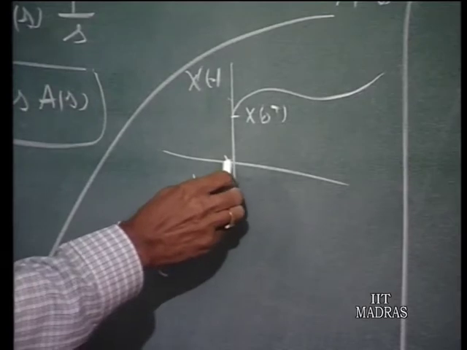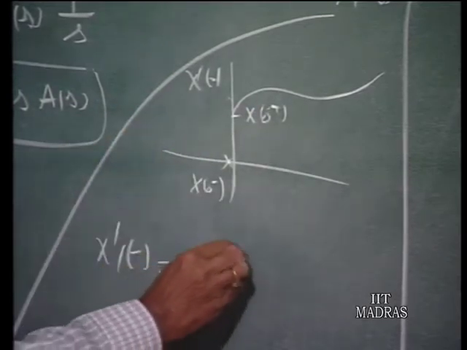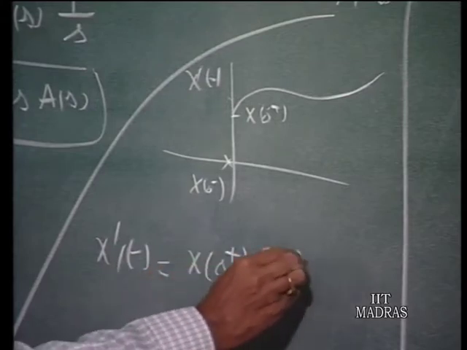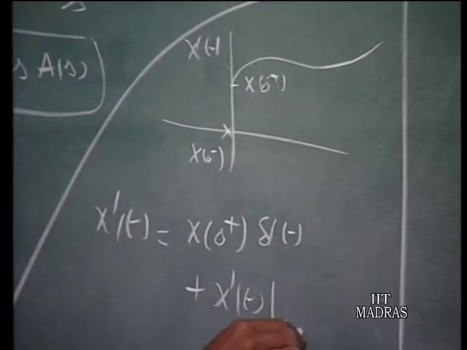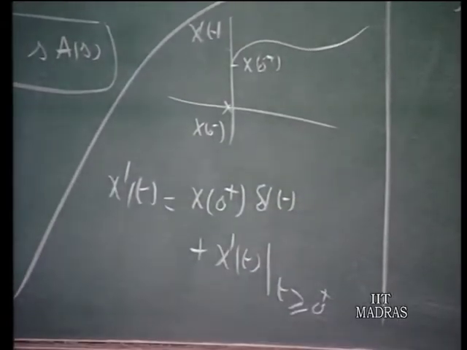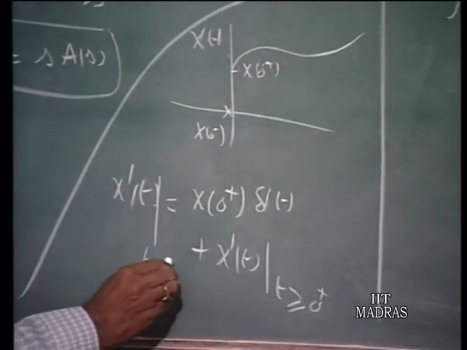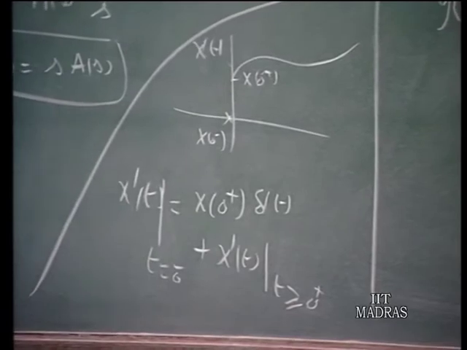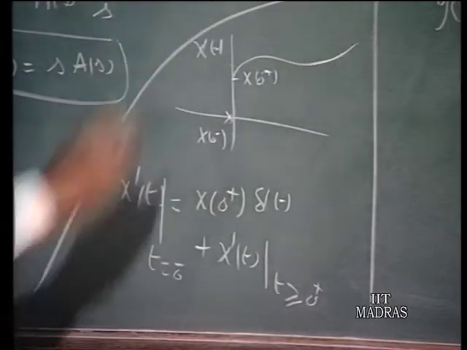So the causal input 0 jumps to 0 plus, therefore in the derivative you get x 0 plus times delta t plus the rest of the derivative starting from t equals 0 plus onwards. So x prime t starting from t equals 0 minus can be thought of as an impulse function which comes because of this jump plus the derivative from t equals 0 onwards.